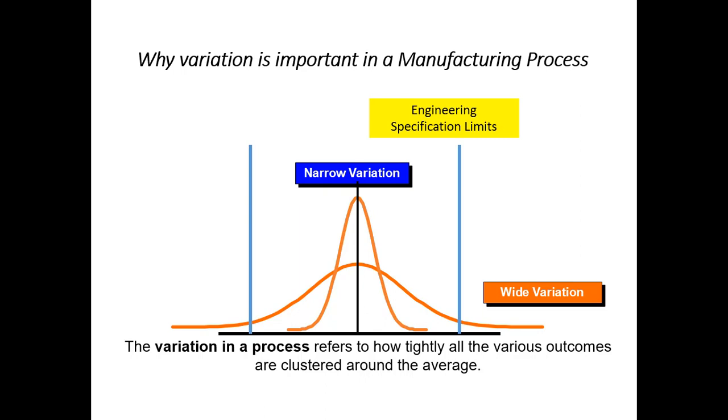For example, a cylinder in a car motor needs to fit inside a car engine. So you may have engineering specification limits. Imagine that these blue lines are spec limits, what we might call the upper spec limit and the lower spec limit.